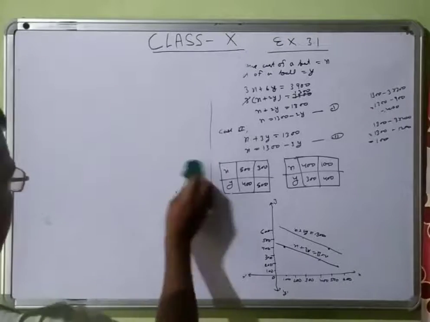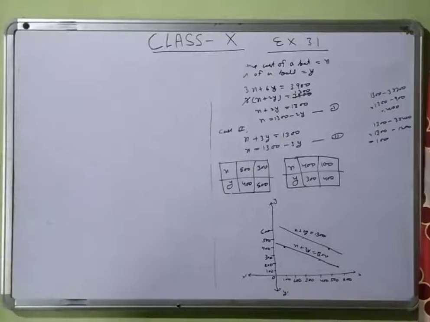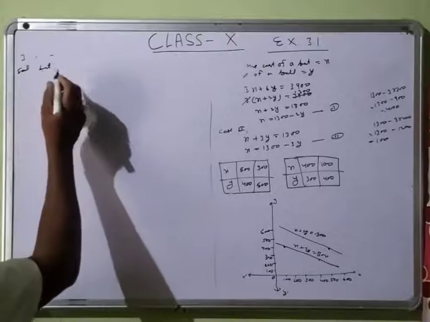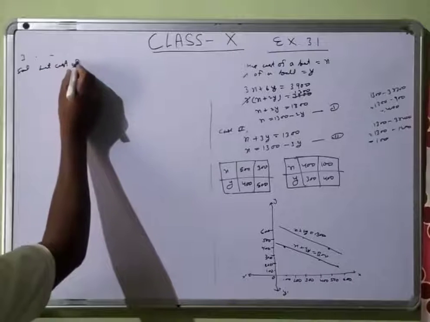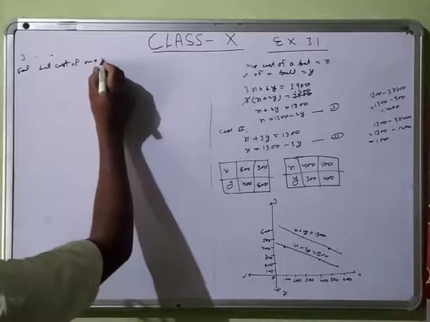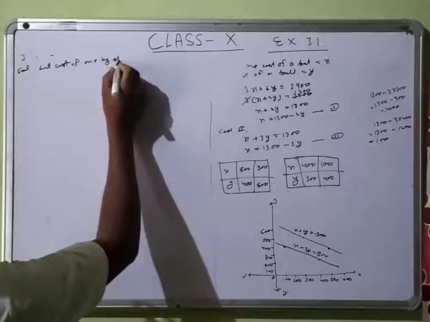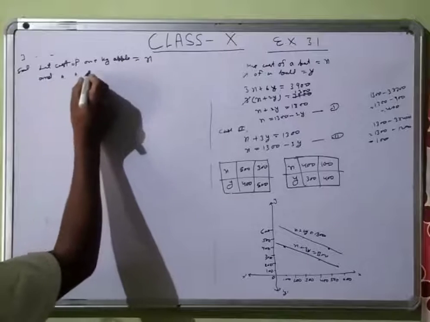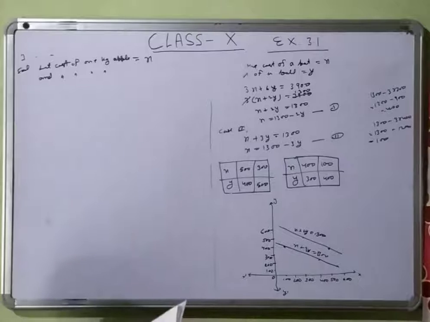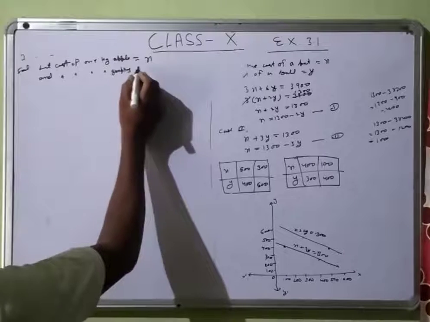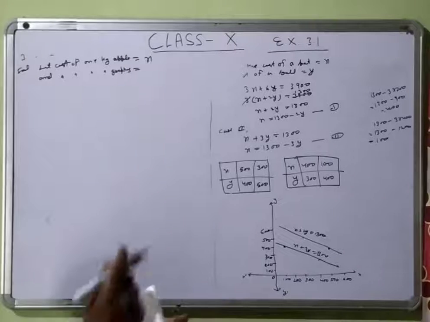Question number 3. Let the cost of 1 kg apple be x, and the cost of 1 kg grapes be y.